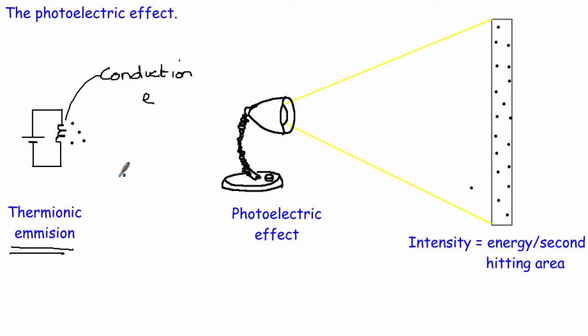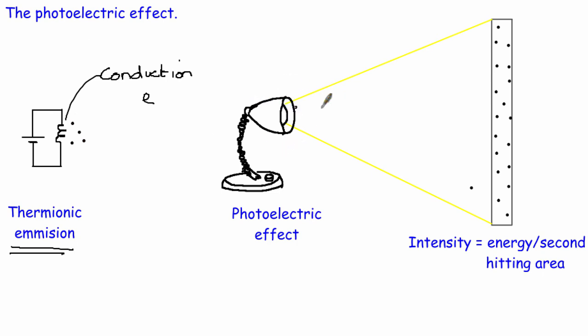The photoelectric effect is in essence exactly the same thing. We supply energy to these electrons inside a metal, and so we're able to free them from the metal. It's just that instead of using heat, we use light. So if you remember, this is your photoelectric effect.